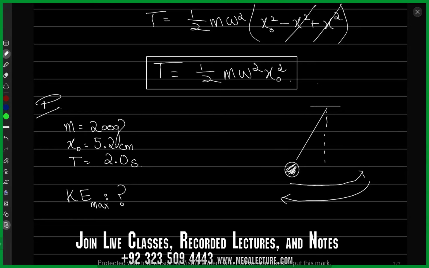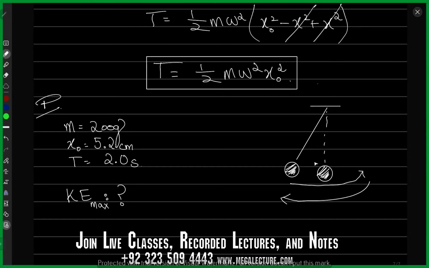Where its potential energy is 0. Yes. And where would the potential energy be 0? When the string is straight. So at the center, over here. This position is also called the mean position.